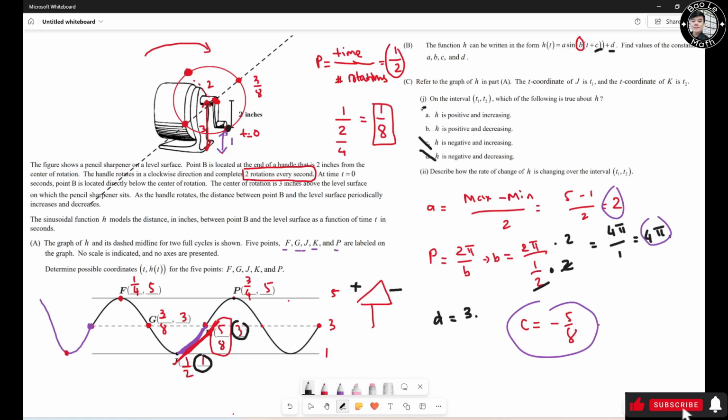So the answer must be A. Now, C2. Describe how the rate of change of the function h is changing over the interval t1, t2. Alright, so the rate of change is increasing because the function is concave up.